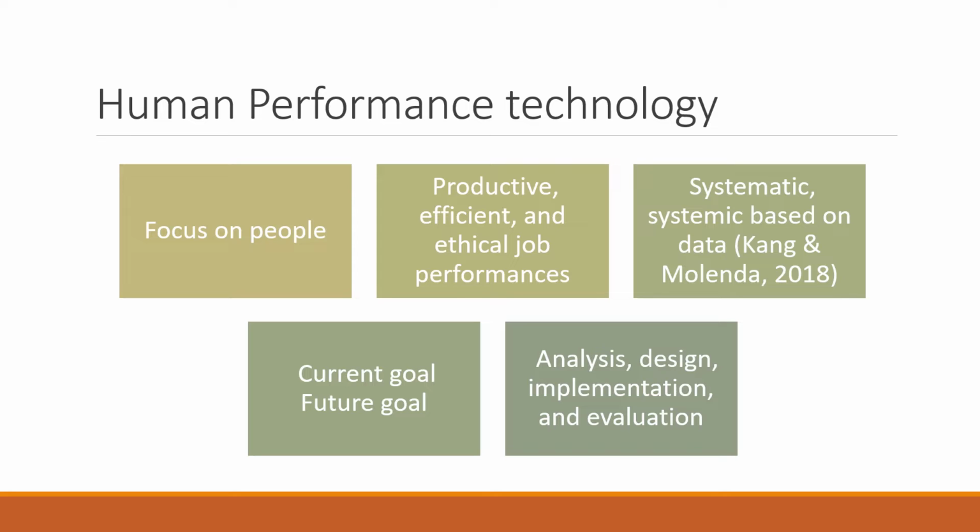Human performance technology professionals can help identify flaws in skills, knowledge, and achievement in other performance areas. It is systemic and based on data. Human performance technology associates a systemic approach as it functions with components such as analysis, design, implementation, and evaluation to improve accomplishments within an organization.